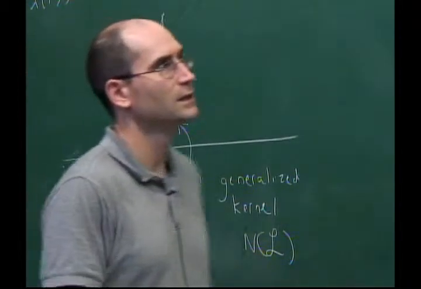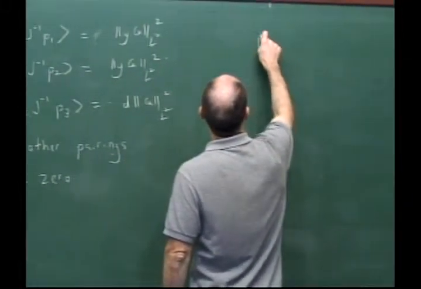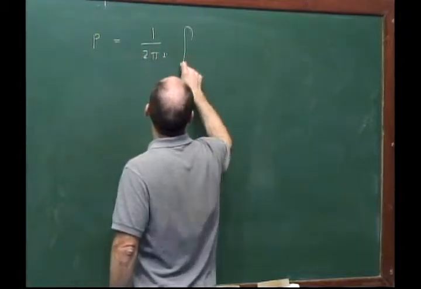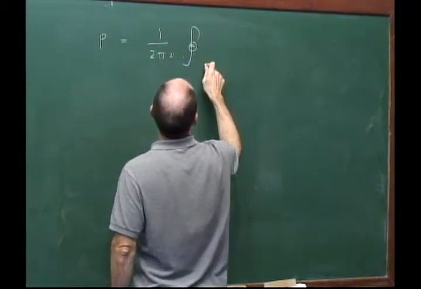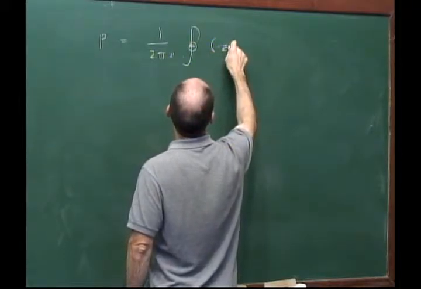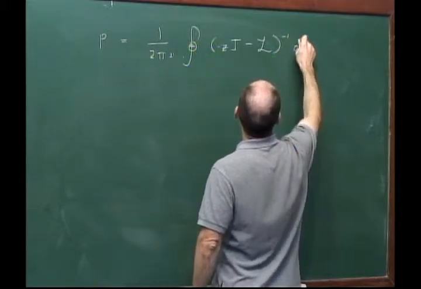And so you consider the operator P, which is 1 over 2 pi i, integrating around that contour of the resolvent, and that's zI minus L inverse dz.